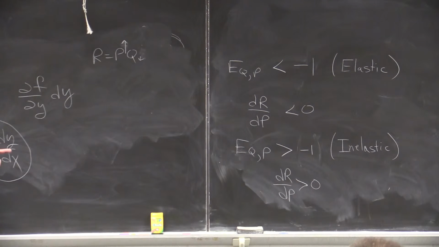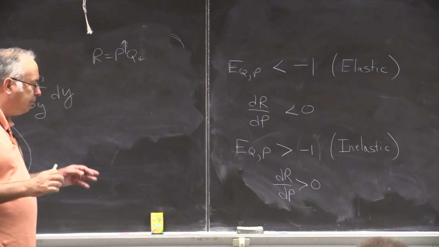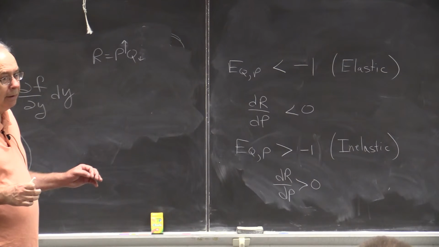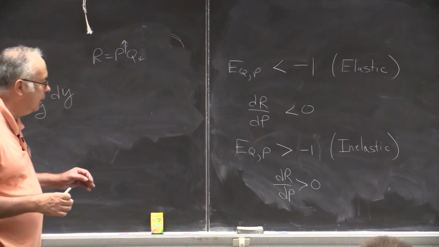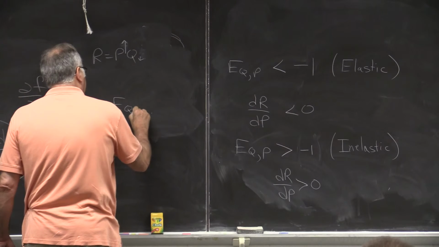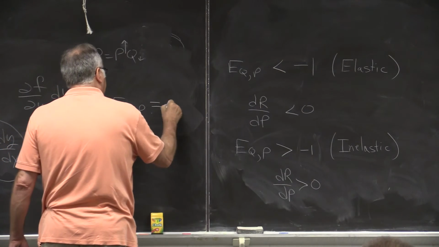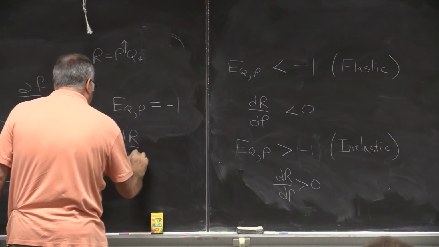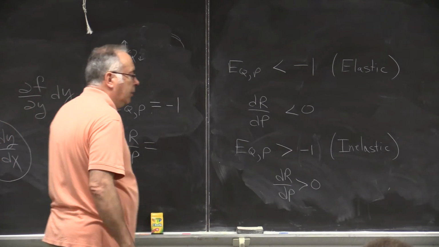And finally, suppose the price elasticity of demand is exactly -1. Then what is dR/dP? Exactly -1. Then from this formula, what is dR/dP? 0.